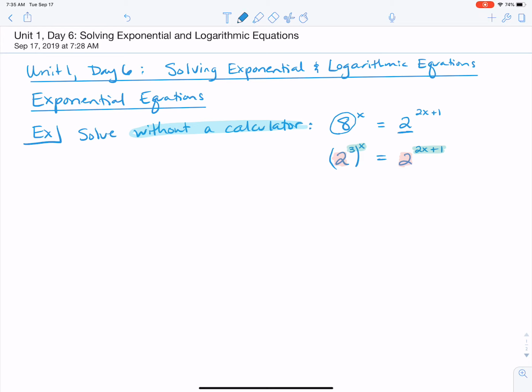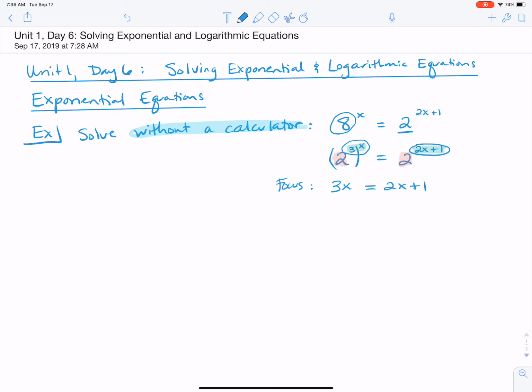So what we're going to do is not cancel anything out, but we're just simply going to ignore the bases. And we're going to say that this exponent on the left has to be equal to this exponent on the right. So our focus is going to be on those exponents. 3 times x, because a power to a power, you multiply the powers. 3 times x has to equal 2x plus 1.